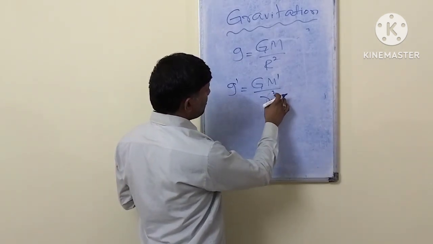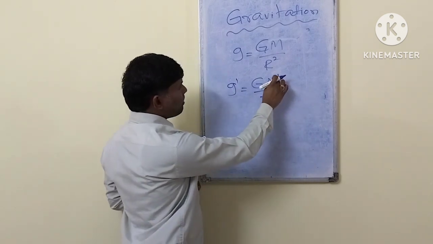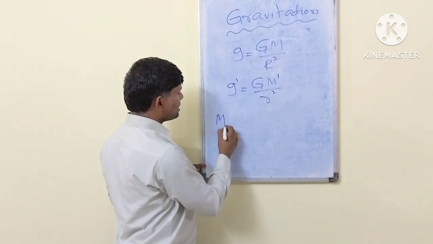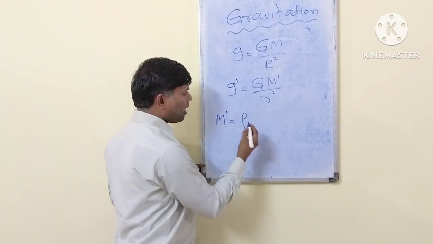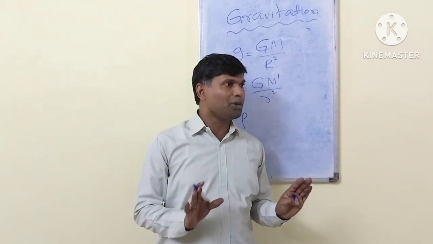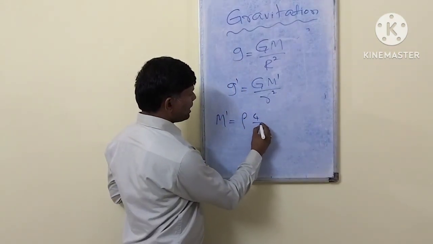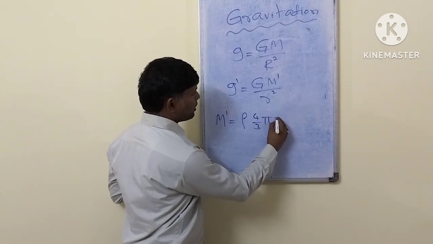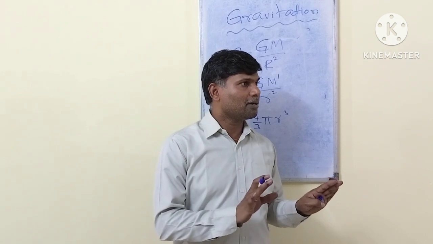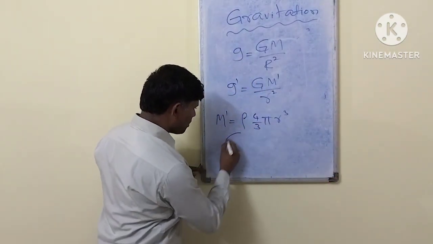This M prime is different. How to calculate M prime? M prime is equal to density of earth, you assume the density of earth is constant and uniform, into 4 by 3 pi r cube. 4 by 3 pi r cube is the volume of a sphere.